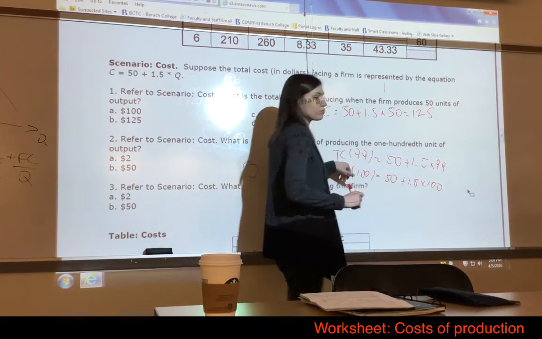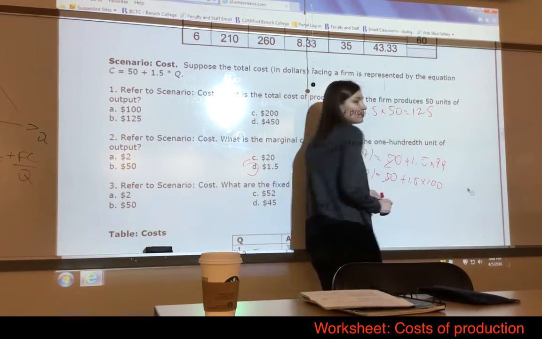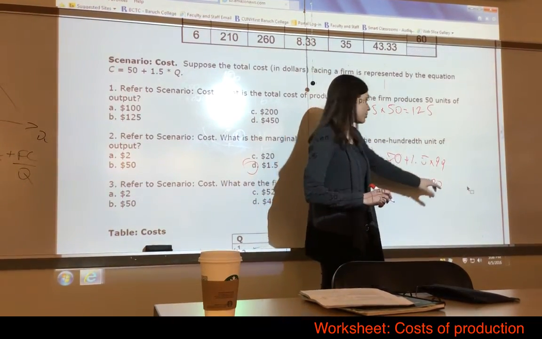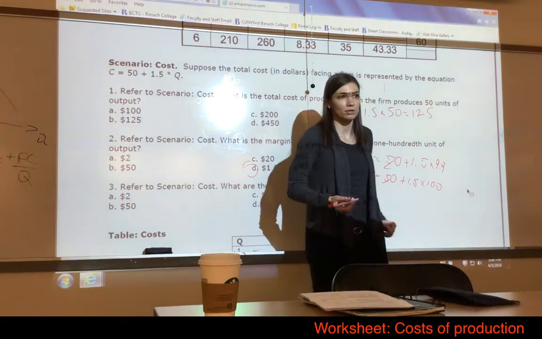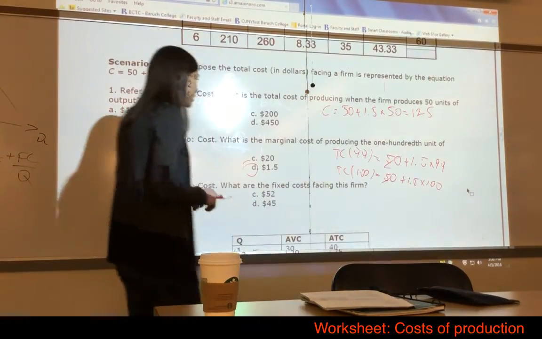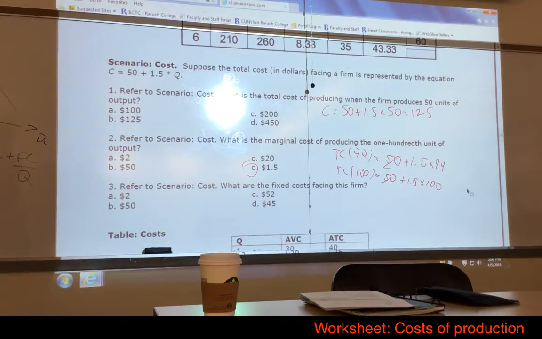If I subtract, the 50 cancels, and I can factor out 1.5. Then it would be 100 minus 99, which is 1. I didn't have to do this here though.